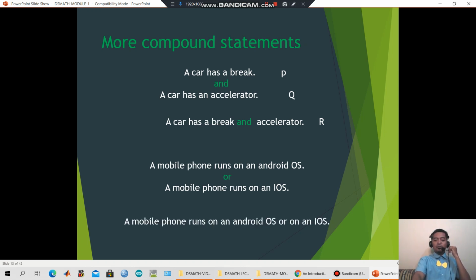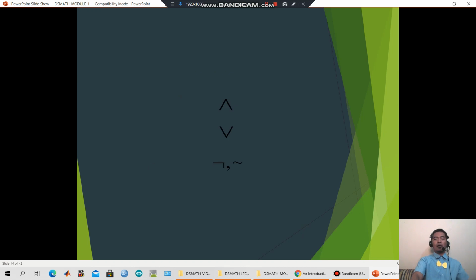A mobile phone runs on an Android OS or on an iOS. So, iOS for, I think, Apple, right? Or OS for Windows type. Okay, anyways, isa lang dyan pwedeng pilihin kapag gusto mong i-run ang isang phone. No? Kasi OS, a type of operating system.